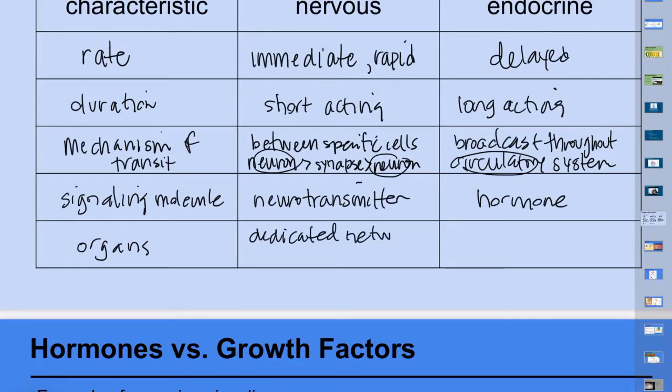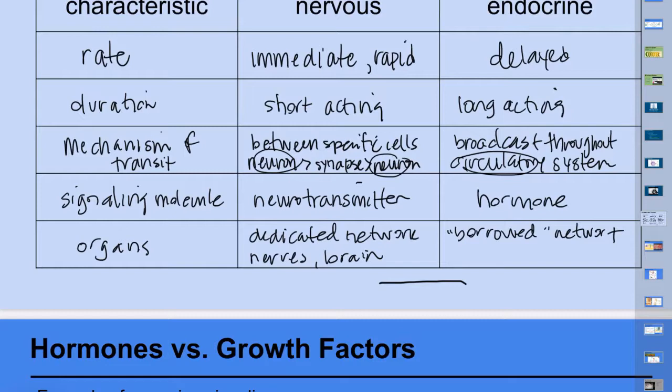And then finally, the organs that are part of the system, because we're talking about a whole body system. In the nervous system, there's a dedicated network. The connections between the organs we call nerves. And then we also have your brain, the main processing center, and your spinal cord, which are your central nervous system.